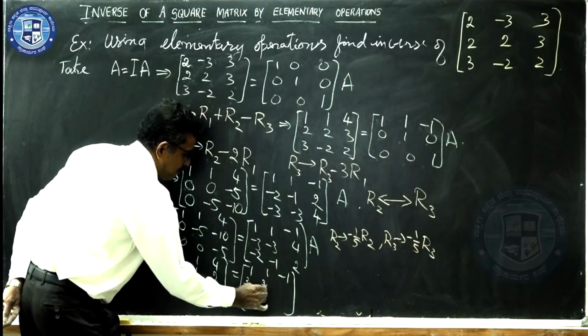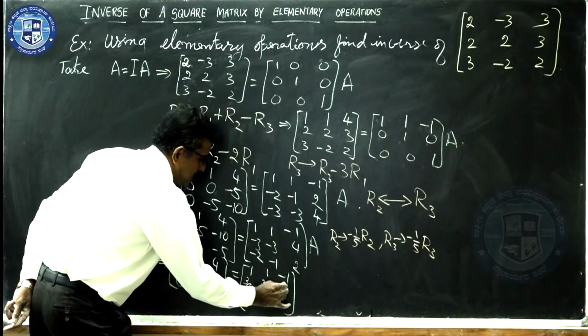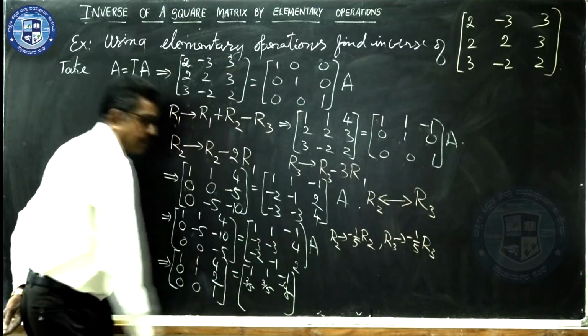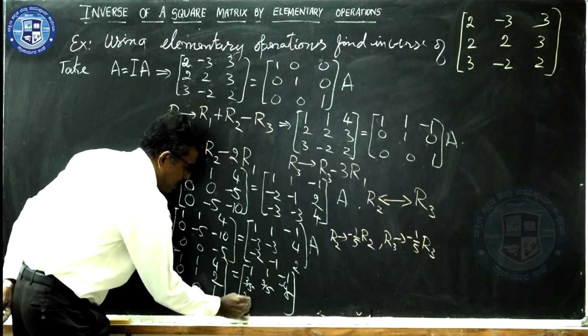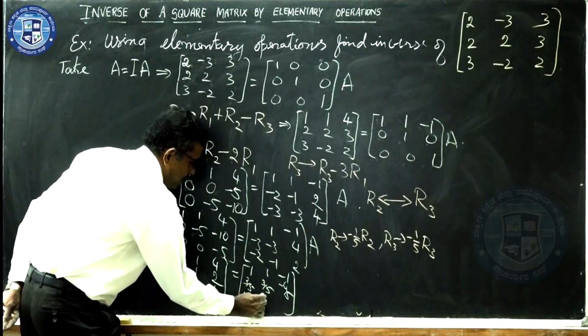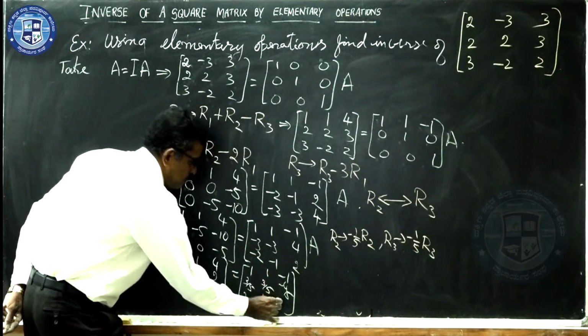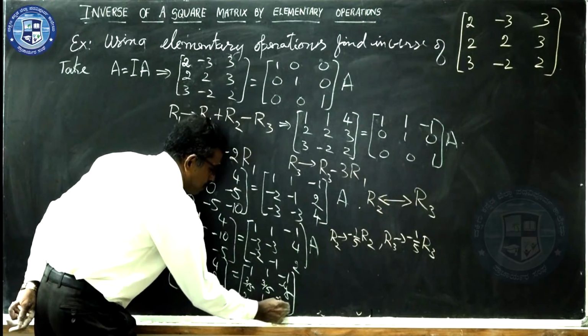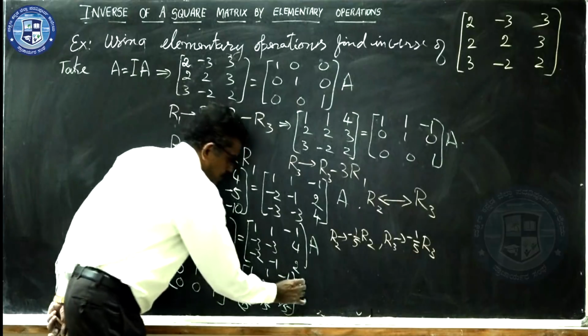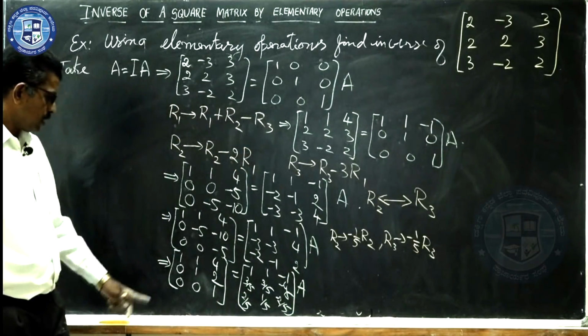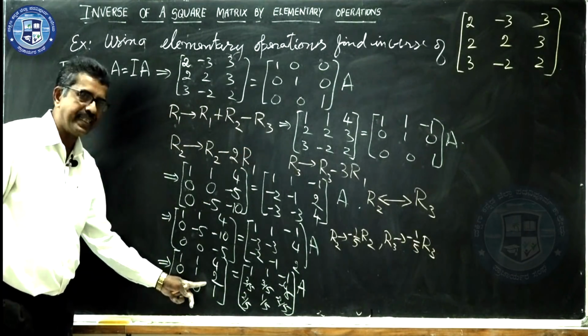This is also 3 by 5 and this is minus 4 by 5. And then what you get on dividing throughout by minus 5 is 2 by 5. This will be 1 by 5 and this will be 2 by 5, minus 2 by 5, minus 2 by 5 into A.